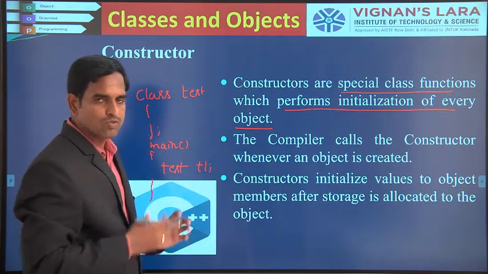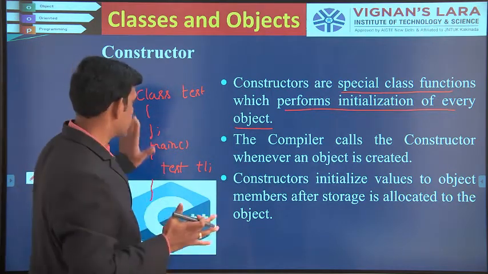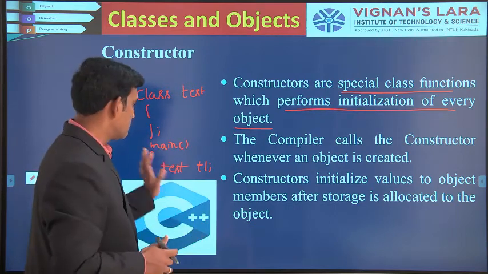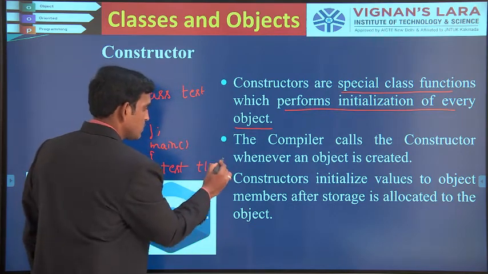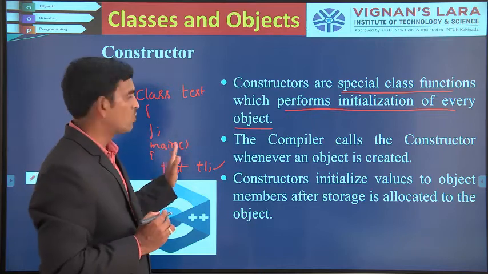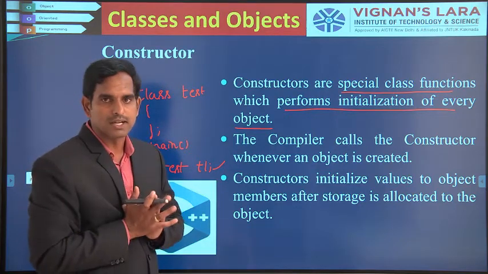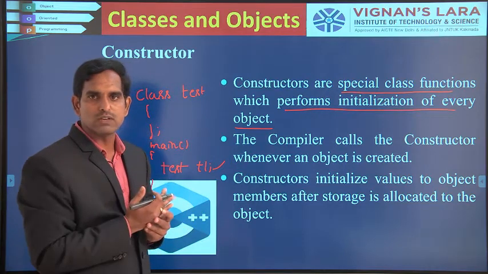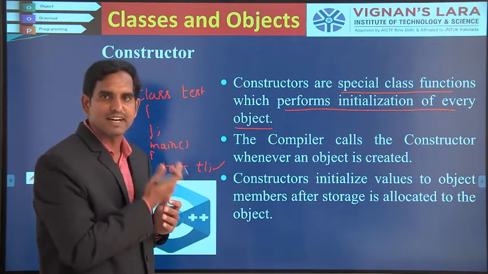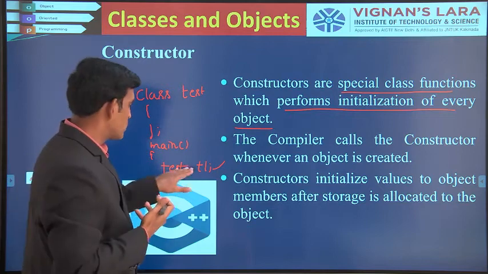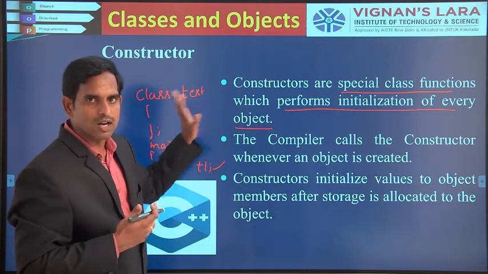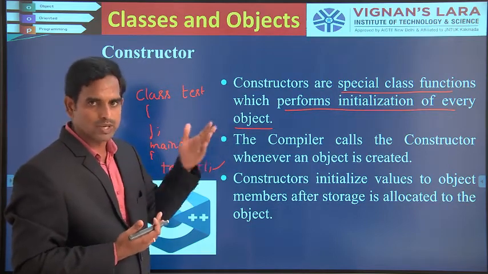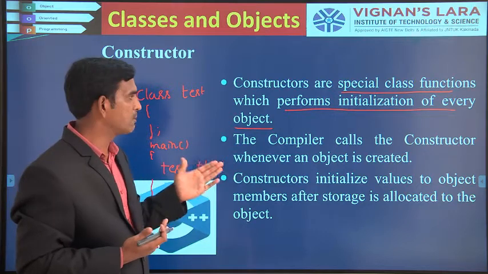So far you have not written any constructor in your C++ program, but by default, whenever you create an object, one constructor will be called. You use the word called whenever you are referring to functions. That function is called the constructor. We will see how to write the constructor.